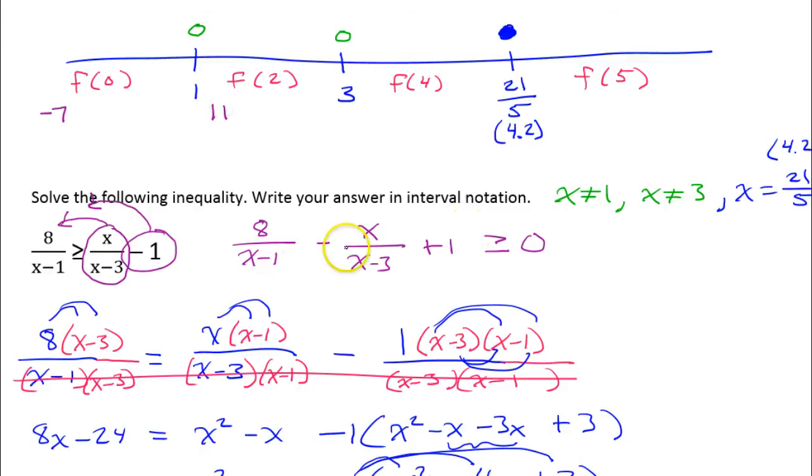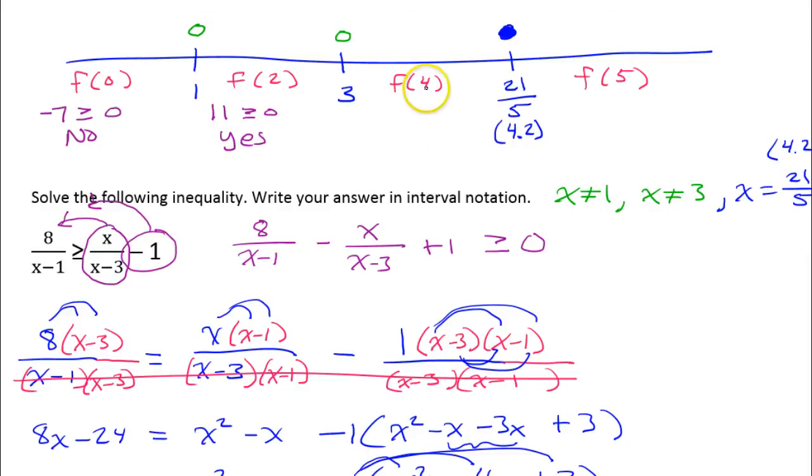And we want to know, is the function greater than or equal to 0? So is this greater than or equal to 0? No, that's a negative number. It's less than 0. What about this? Is this greater than or equal to 0? Yes, it is positive. So that's yes.